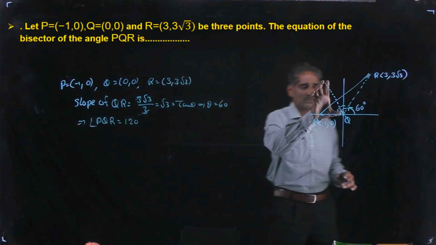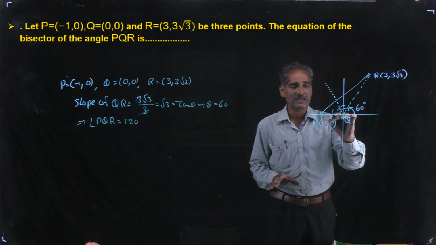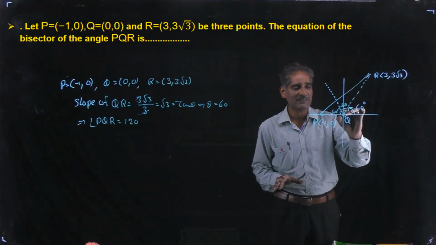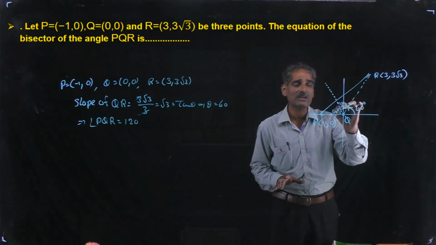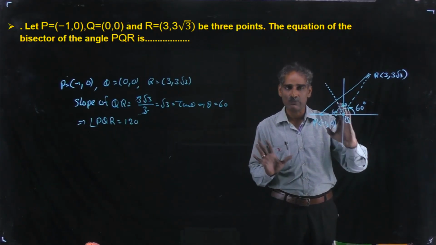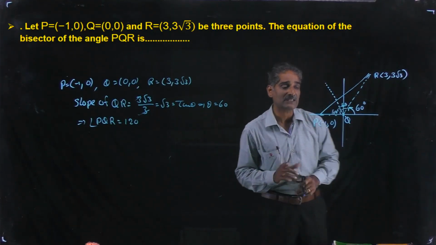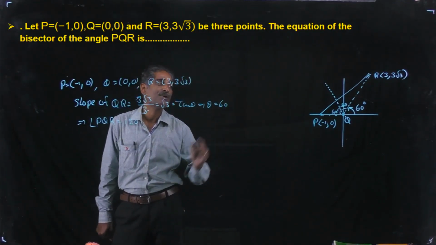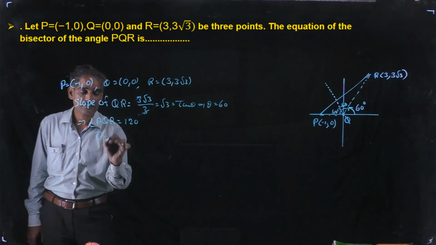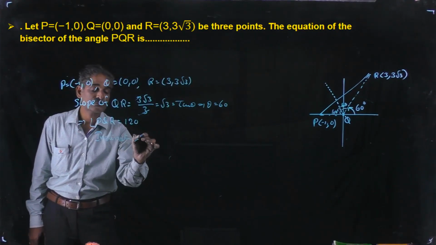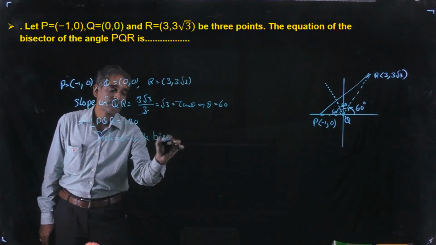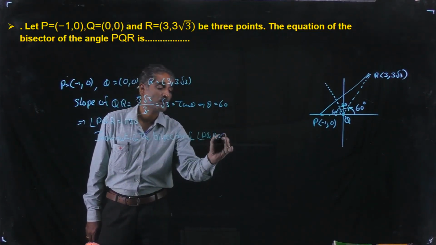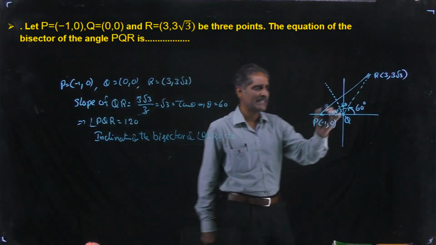Now if this is the bisector, this angle is 60 and that angle is 60, so the total angle is 120. The angle made by this bisector with the x-axis is 60 plus 60, that is 120 degrees. So the inclination of the bisector of angle PQR is 120 degrees.